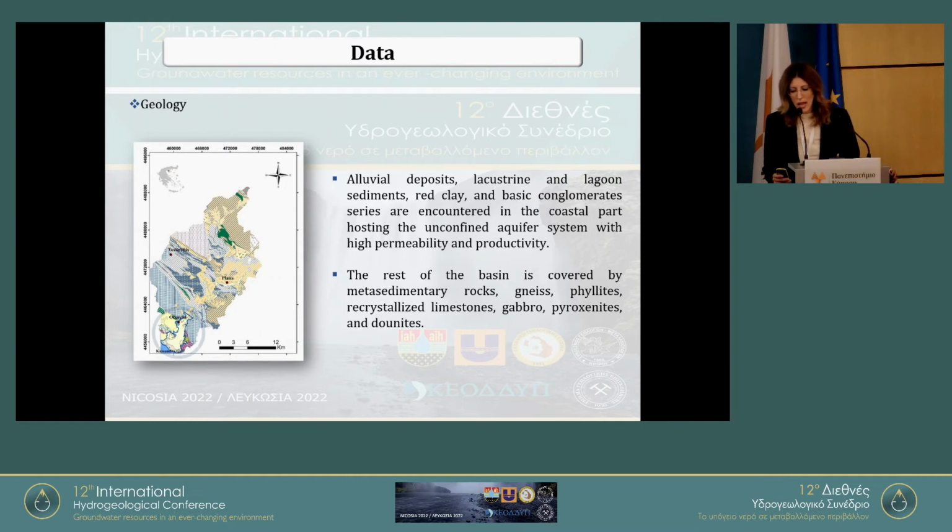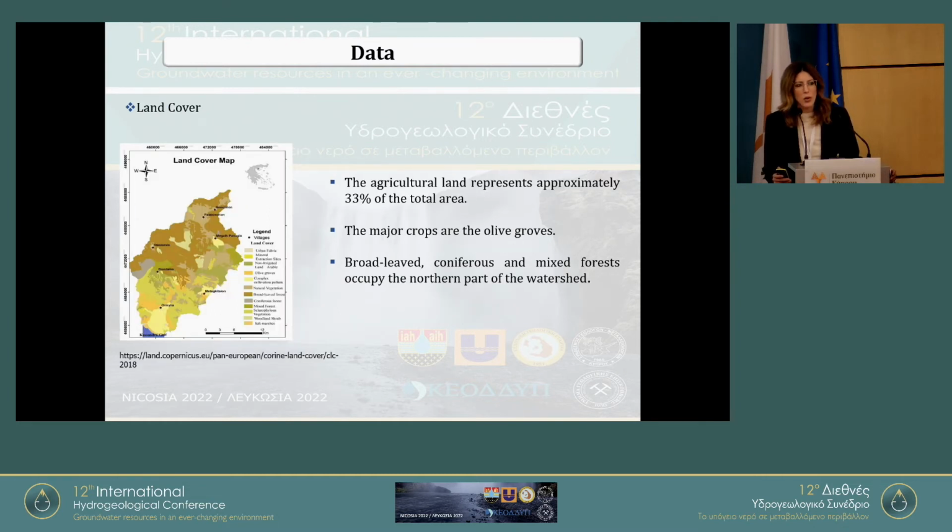The surrounding area of the aquifer is covered by metasedimentary rocks, phyllites, recrystallized limestones, pyroxenites, and dunites. The major crop is olive groves, and we should note that the groundwater is used to cover irrigation purposes.